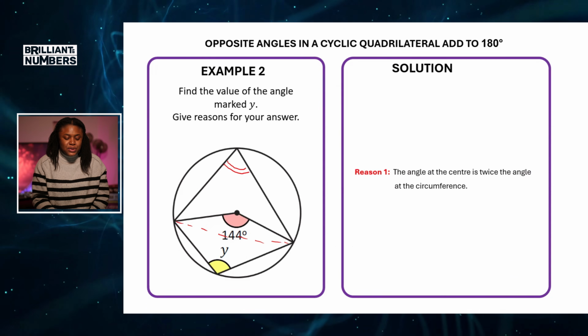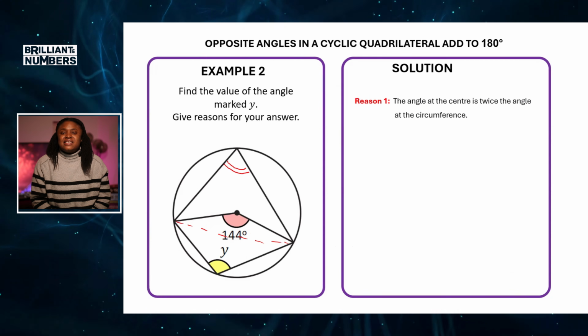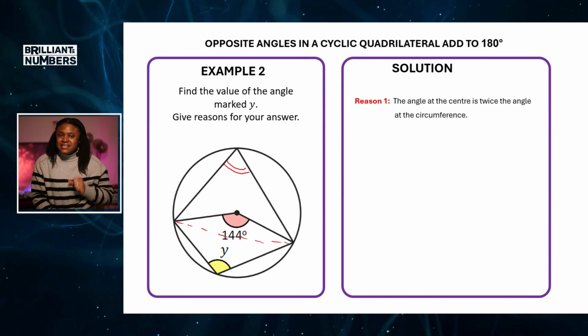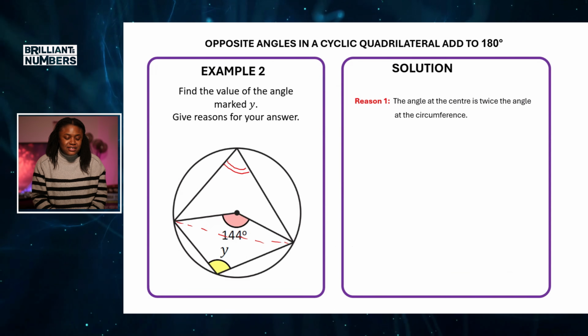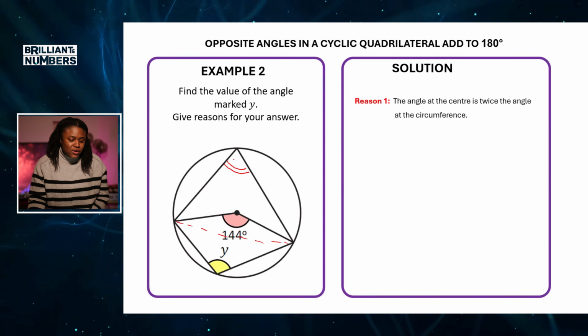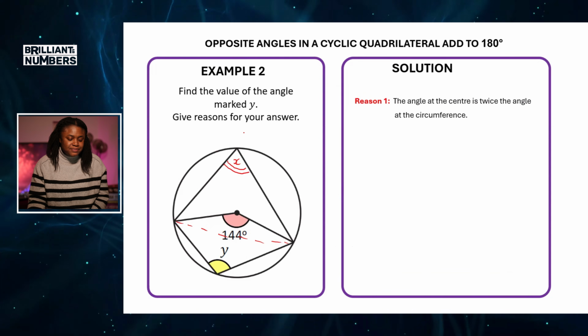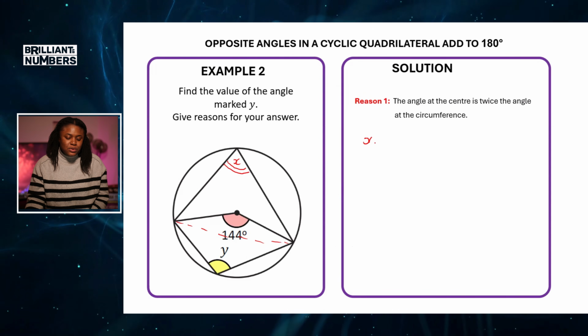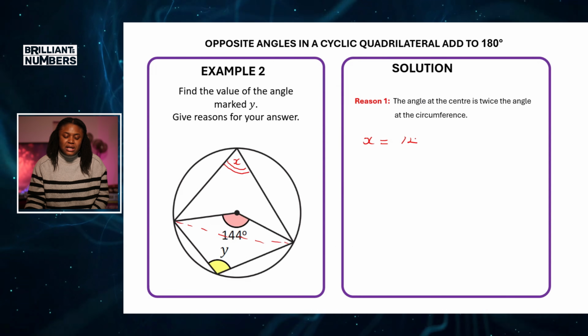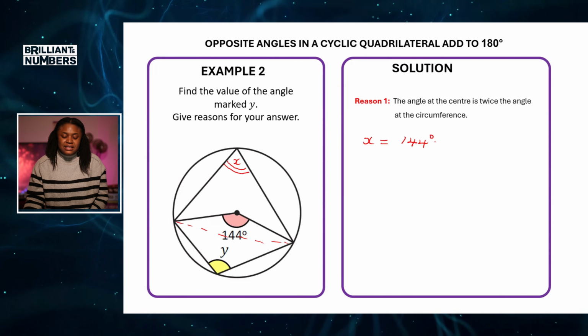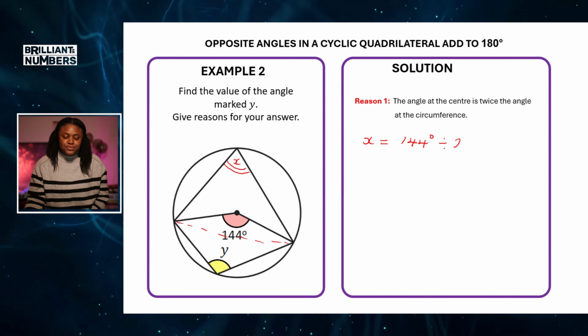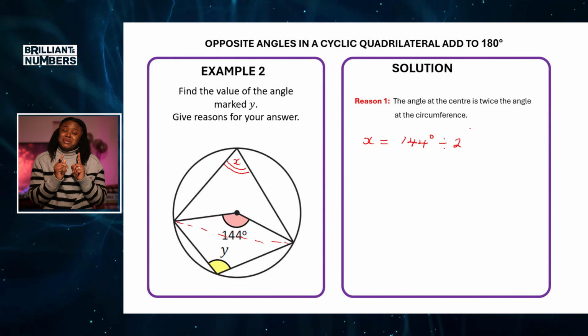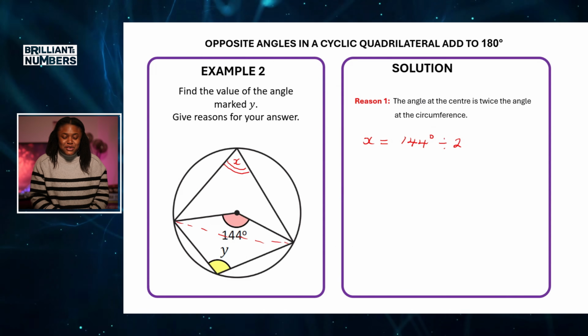So my first reason is that the angle at the center is twice the angle at the circumference, which means that if I call the missing angle here x, then x would be equal to 144 degrees divided by 2. And that gets me the matching angle to y.